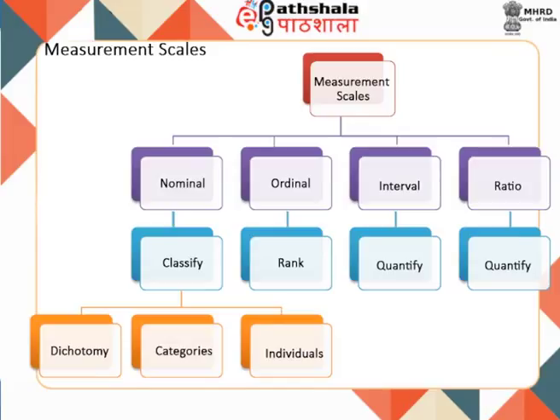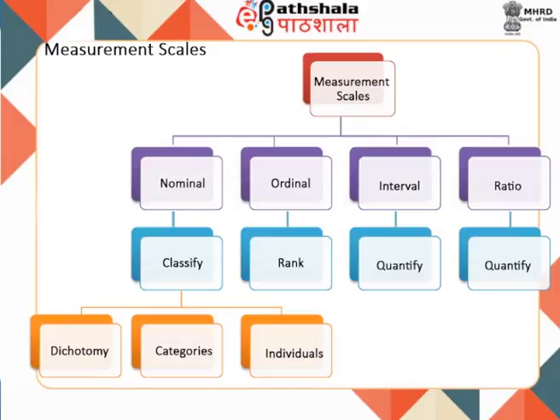The next level of measurement is ordinal scale. In this type of measurement, a set of objects or people is ordered from most to least with respect to an attribute, but there is no indication of how far apart the objects are with respect to the attribute.